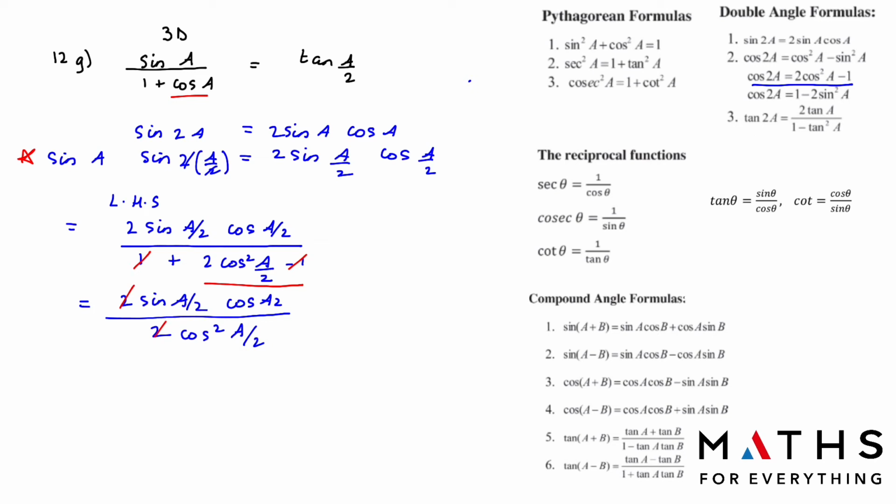The 2 got cancelled, and this cos A over 2 will cancel with 1 from the denominator, leaving us with sine A over 2 over cos A over 2, which in turn is equal to tan A over 2. Okay, so this is equal to our right hand side.